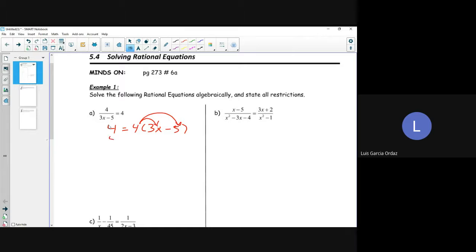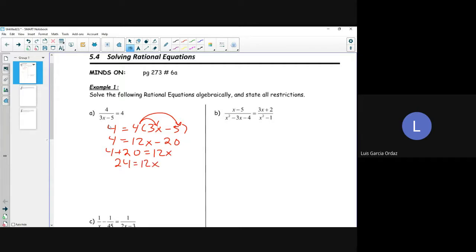So we're left with 4 is equal to 12x minus 20. Now, of course, you want to leave the variable on one side and bring all the constants to the other side. So we are going to bring the 20 over. So we get 4 plus 20 is equal to 12x, which gives us 24 is equal to 12x.